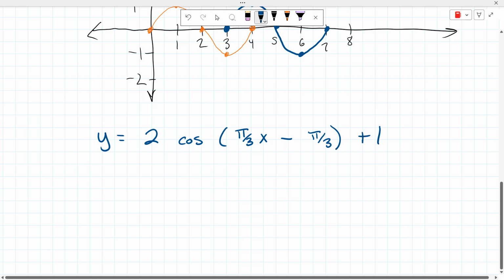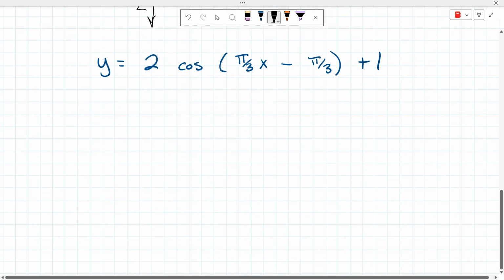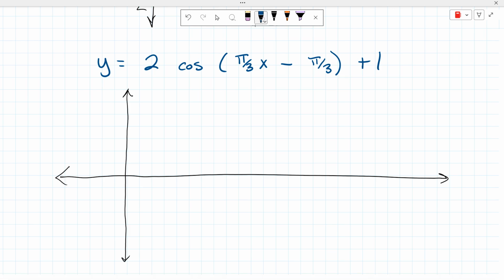Okay, let's do one more of those. Before I graph this, I need to factor.